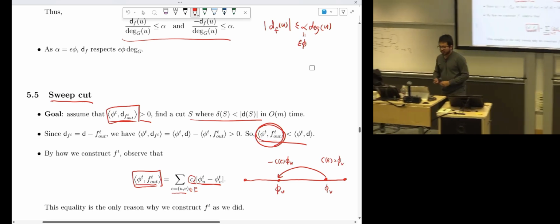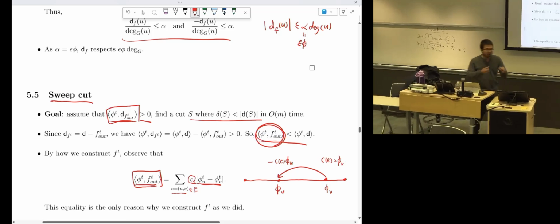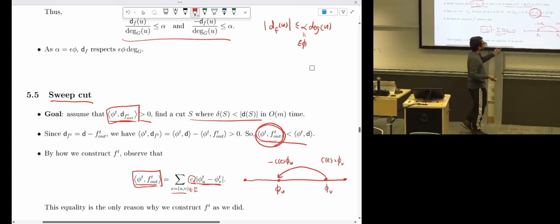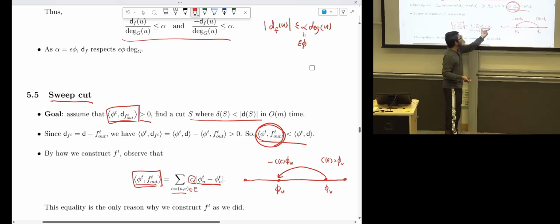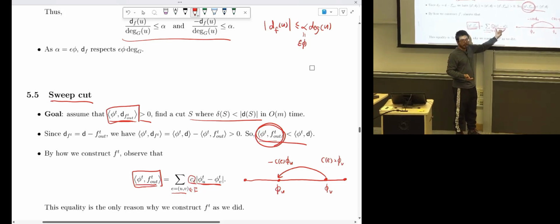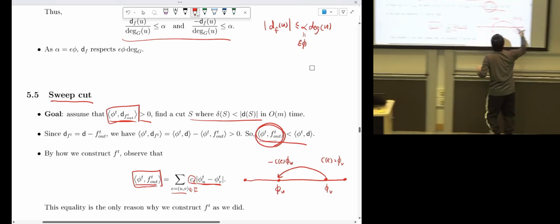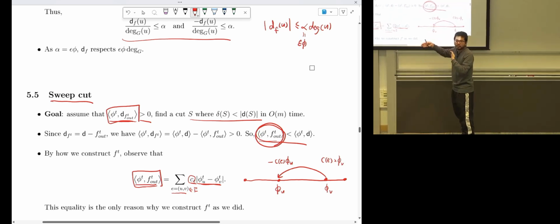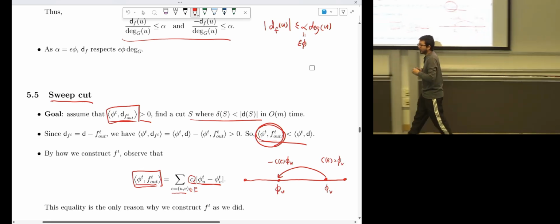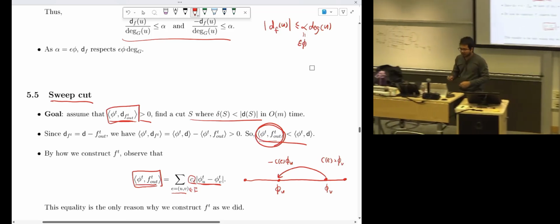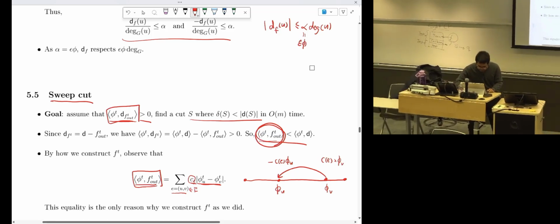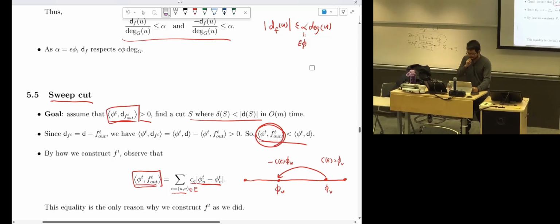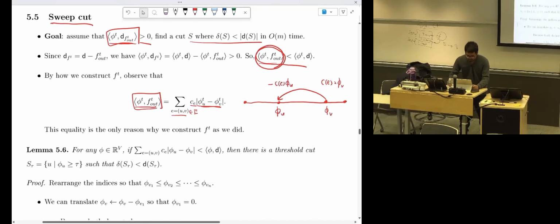If we actually sent flow from lower to higher potential, this might give you a negative value, but we always send from higher to lower, so it's always positive. And we also send at full capacity, so this is just the capacity of an edge.